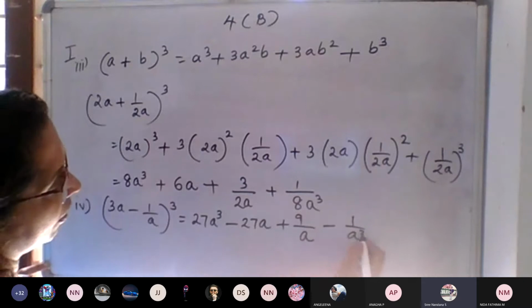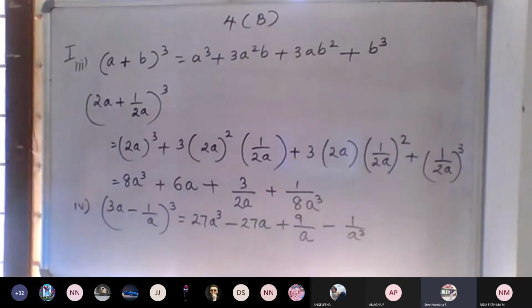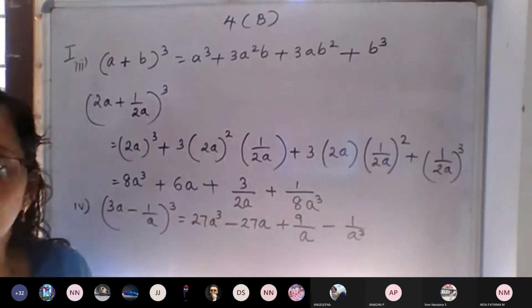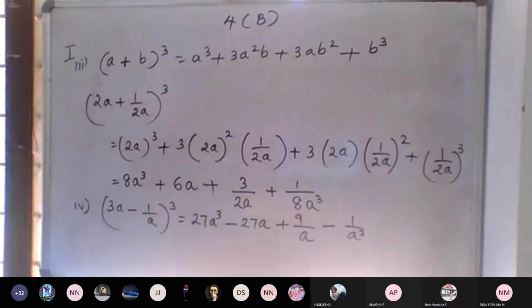So 27a cube minus 27a plus 9 by a minus 1 by a cube. All got this answer? Yes, ma'am. Okay. So next is second one.